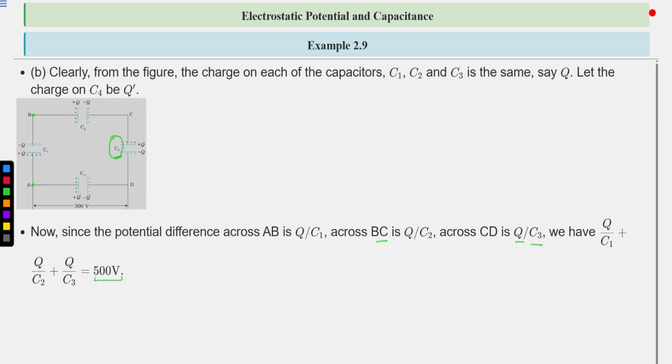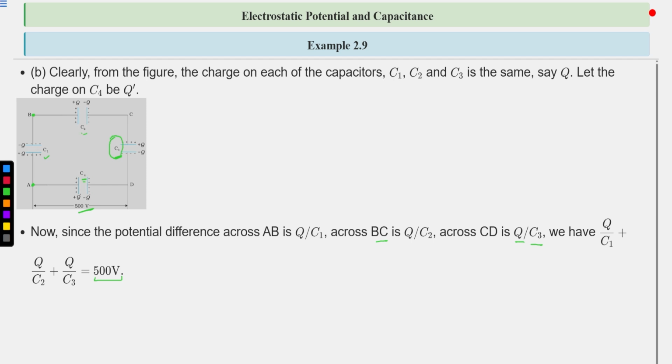You have to understand that the potential difference is the same across this C4 and the combination of these three. Since the potential is 500 volt, this C4 has a potential difference of 500 volt across it, and the combination of these three capacitors also has 500 volt across them. But individually they have different potential differences V1, V2, V3.